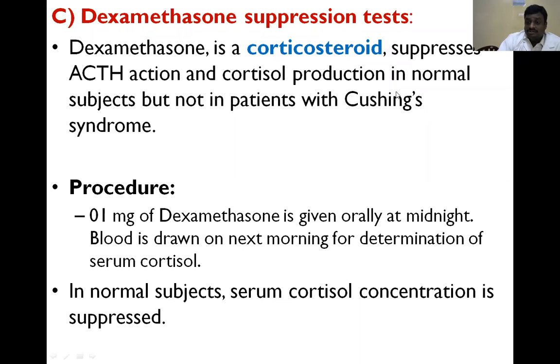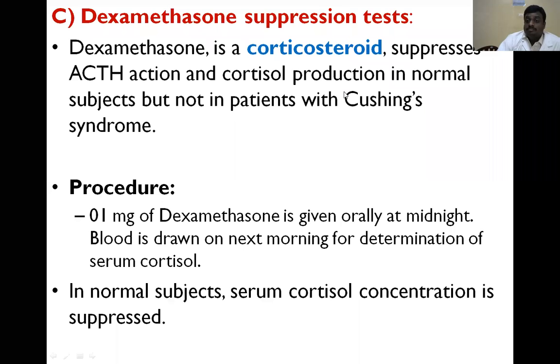If the patient is suffering from Cushing syndrome, there is no reduction of cortisol concentration in the blood, because the enlarged adrenal gland is already producing steroid hormones even when the adrenocorticotropic hormone is reduced. So this is the suppression test.